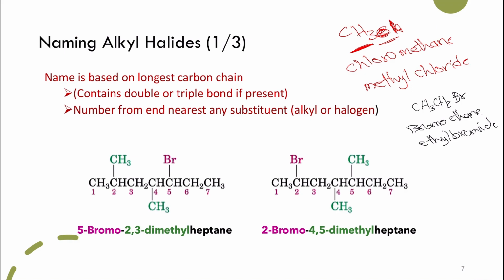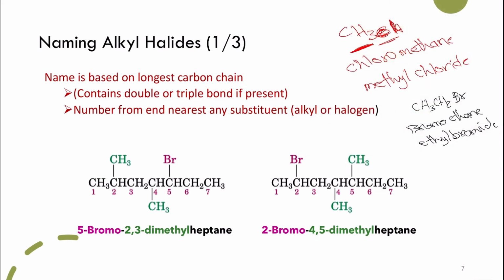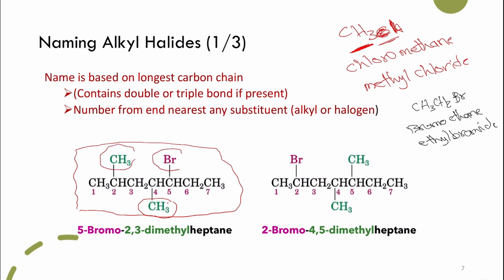But what if we have a compound like this one, for example? It has three different substituents. It has two methyl groups, and it has a bromo as well. So then we will consider the longest carbon chain as the parent name.